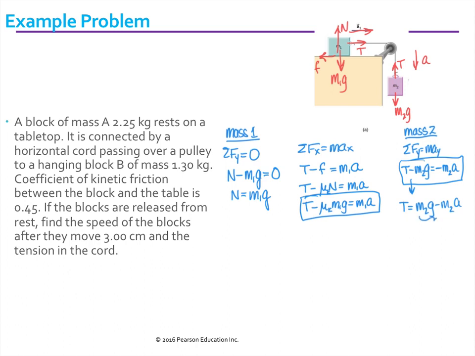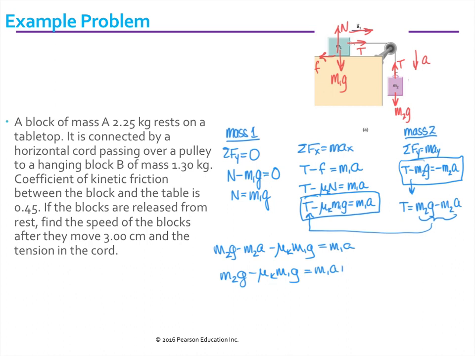Then I'm going to substitute it into this equation. And that'll give me m2g minus m2a minus mu k m1g equals m1a. So I'm just going to get all my expressions that involve acceleration on one side and everything else on the other side.